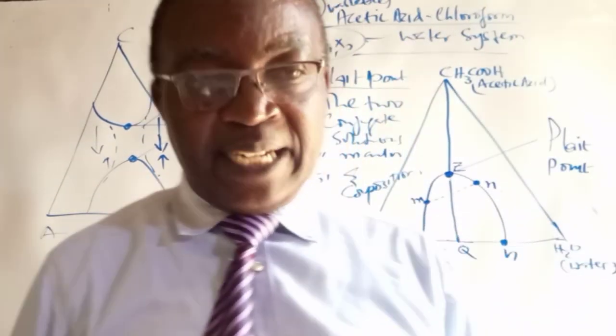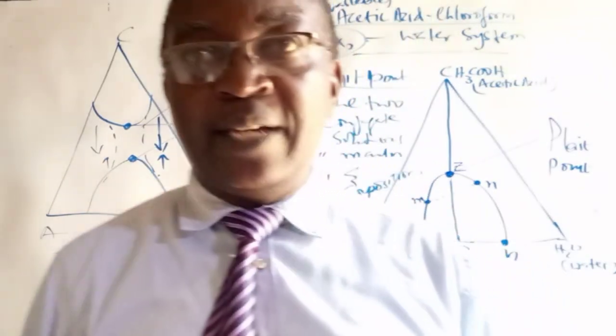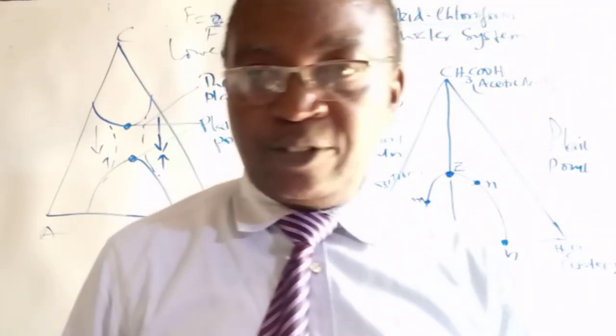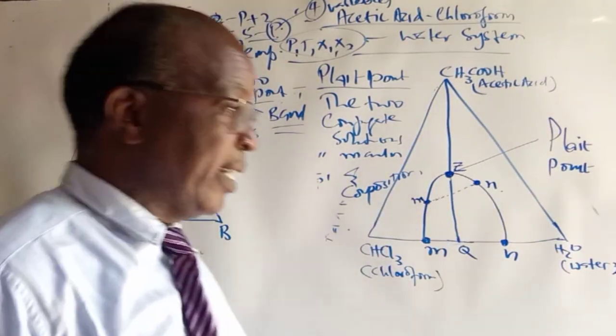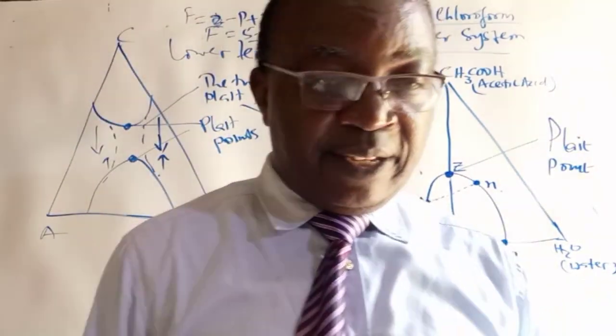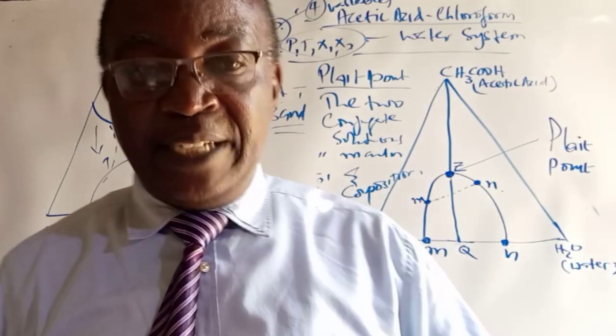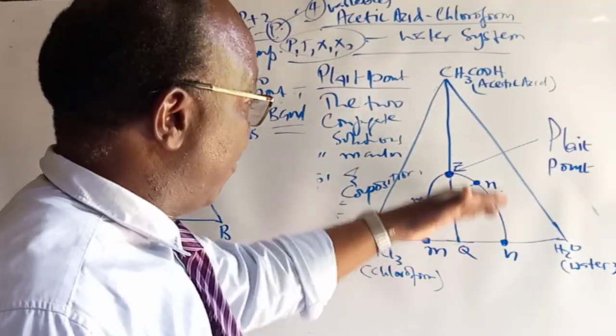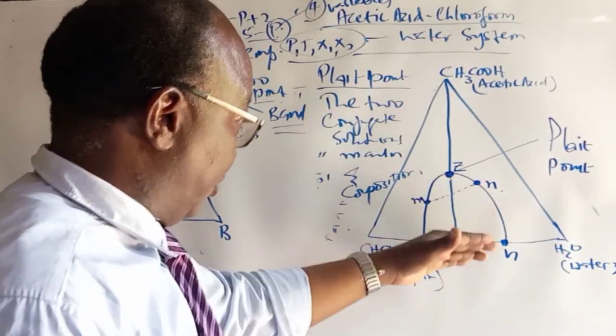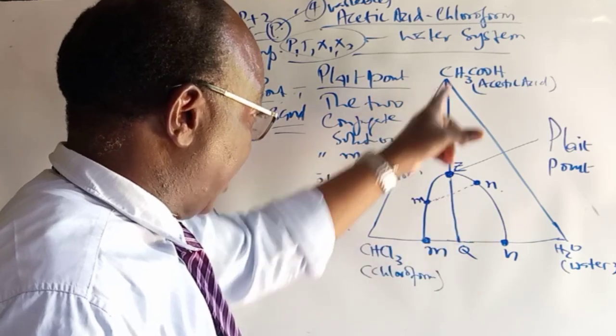And you can represent them using the Gibbs-Roozeboom triangular representation, an equilateral triangle, and we have seen how we mark the amounts of each of those components based on segmentation of this triangle, where we treat that as 100%.